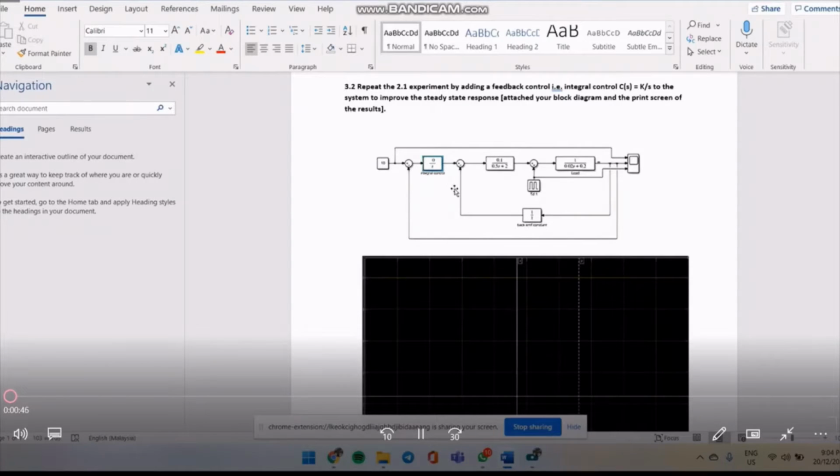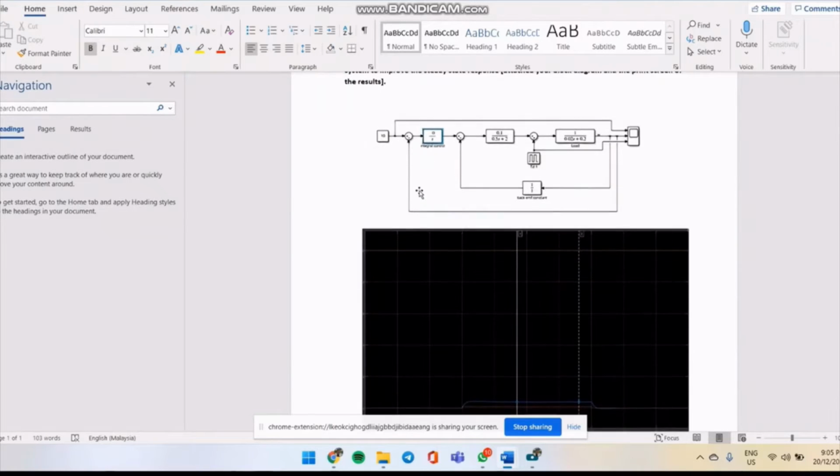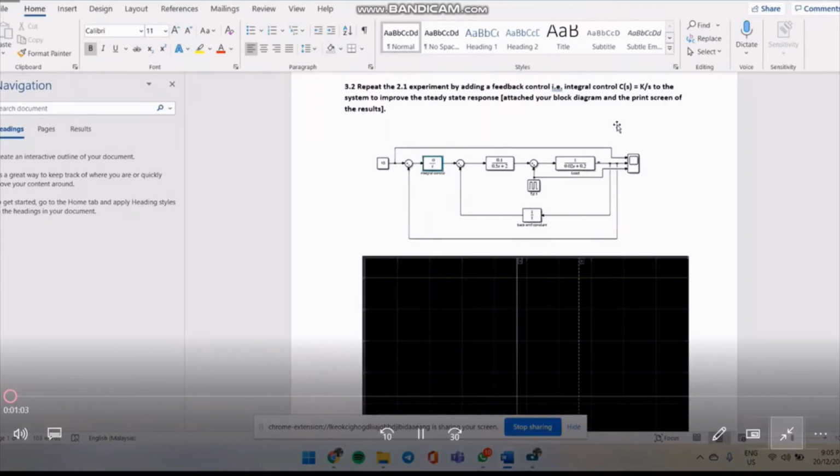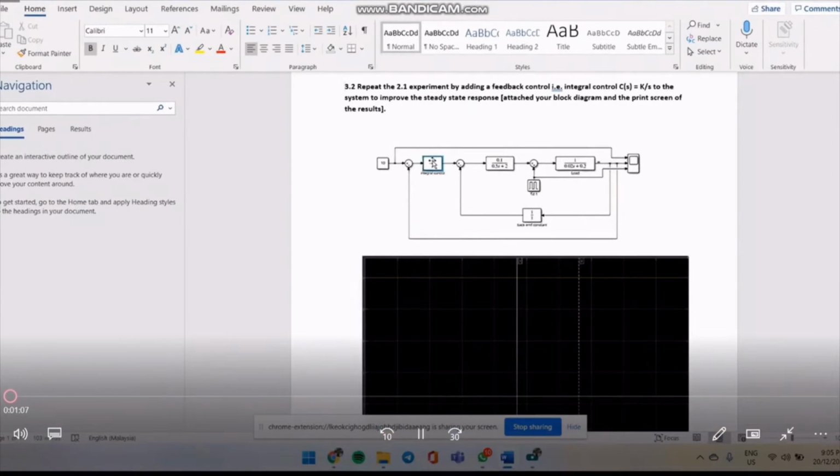For the experiment, we need to use the previous lab block diagram and add the integral control. This is the integral control, and this is the block diagram that I changed. Before this, we used a KF, like the triangle one.